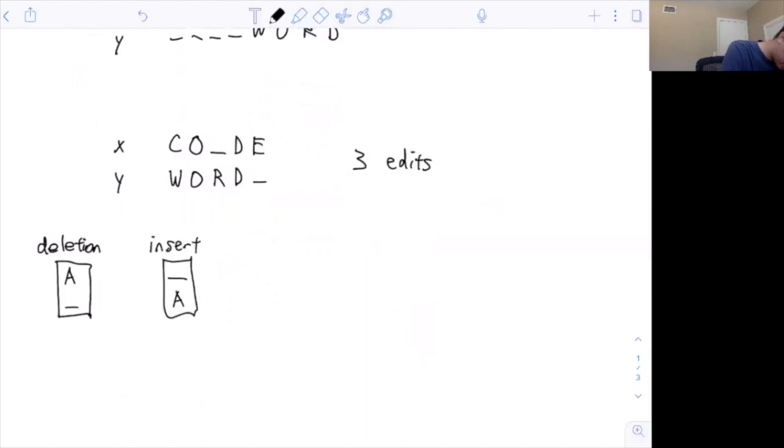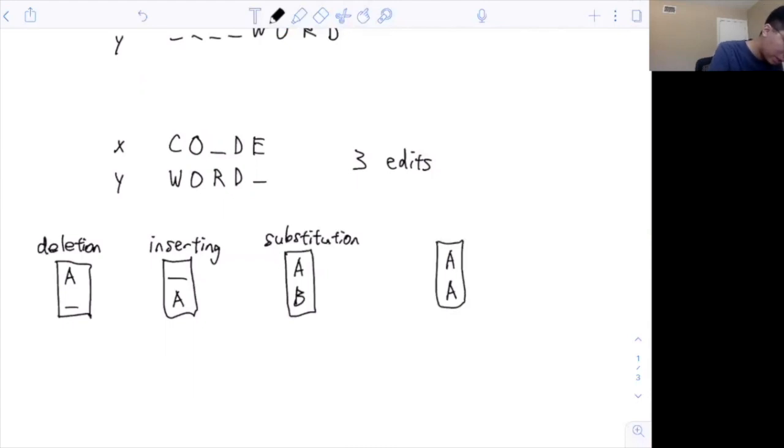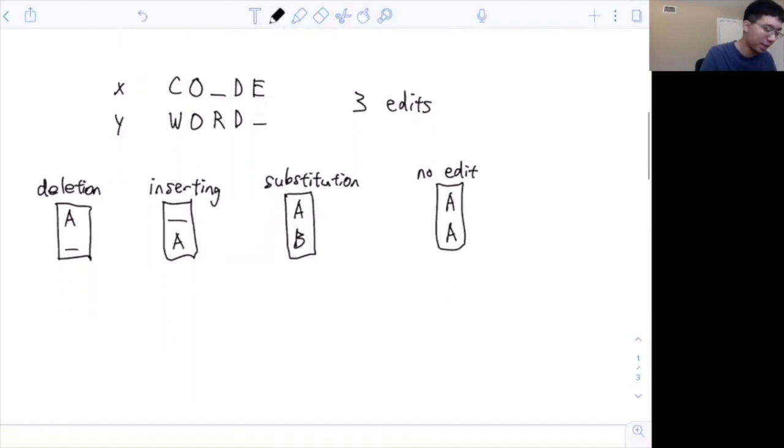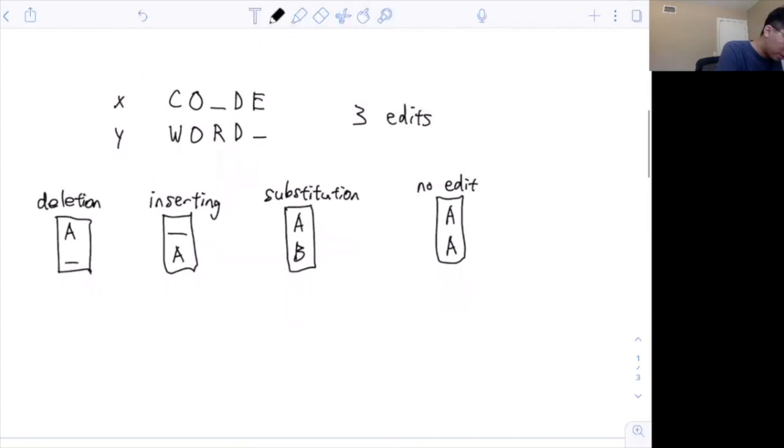You're inserting the letter A. And whenever you see two different letters at the top and bottom, this is a substitution. You're changing A into B. And when you see two of the same letter on top of each other, this is no edit. So there's no change being applied to that specific character. Our goal is to minimize these three.